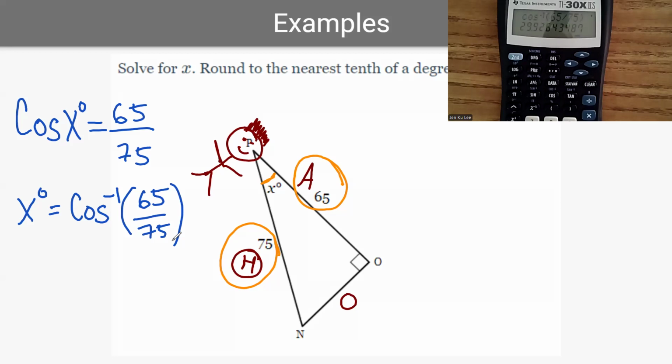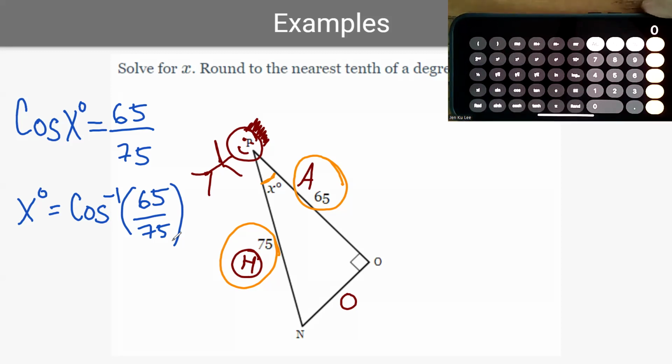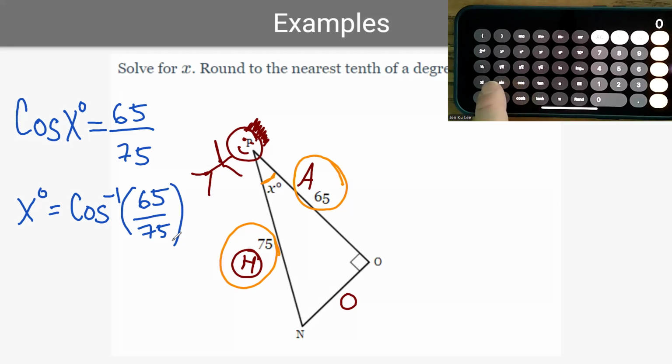Cool? If you're on your iPhone, you would have to type out 65 divided by 75 first, and I'll show that to you using my iPhone. If you landscape it, the sine, cosine, and tangent buttons always come up. If you put second, those buttons turn into inverse.